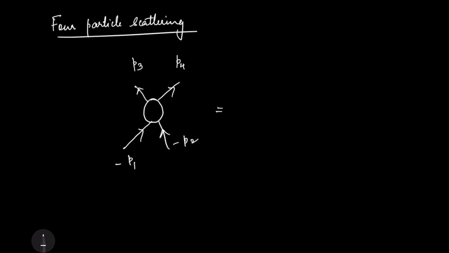So this can be represented by G4 truncated, p1, p2, p3 up to p4.